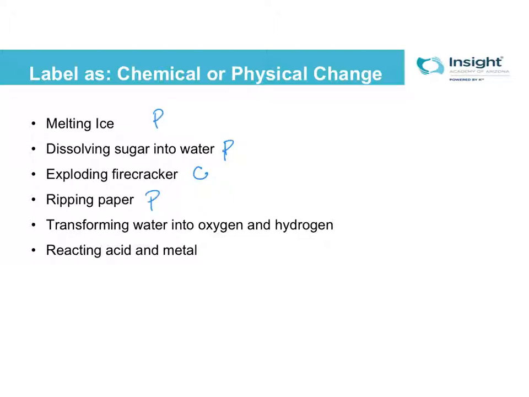So that's physical. Transforming water into oxygen and hydrogen. You're taking water and turning it into something different, hydrogen and oxygen. That's a chemical change. And reacting acid with a metal. If I'm reacting something, a reaction means that I'm telling you a chemical reaction is taking place. So that's going to be a chemical change.